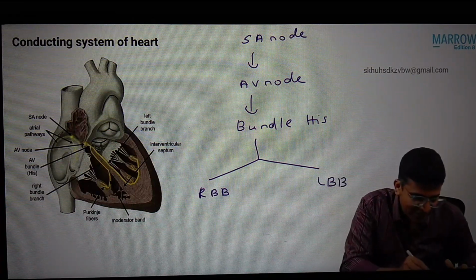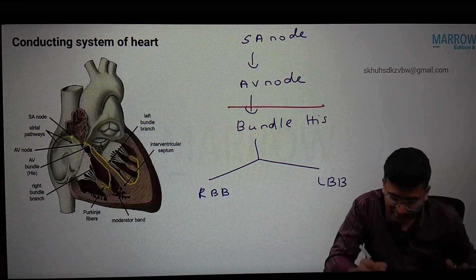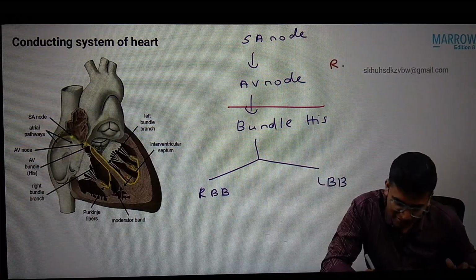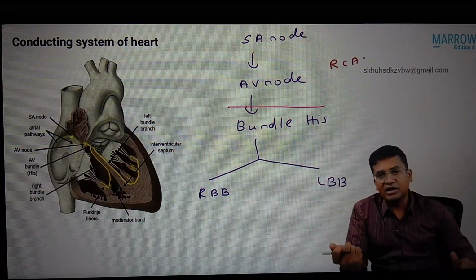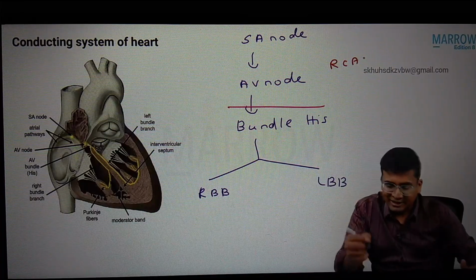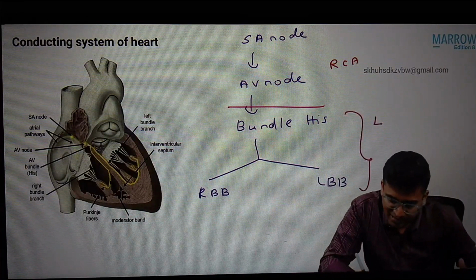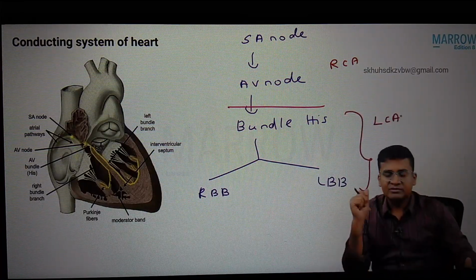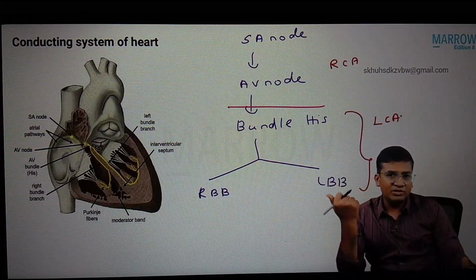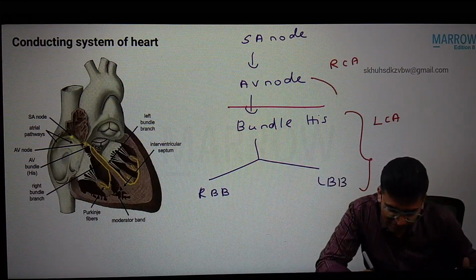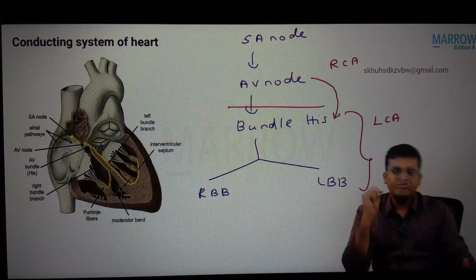Now, the SA node and AV node are supplied by the right coronary artery. The upper part of the conducting system is supplied by the right coronary artery. The lower part of the conducting system is supplied by the left coronary artery.